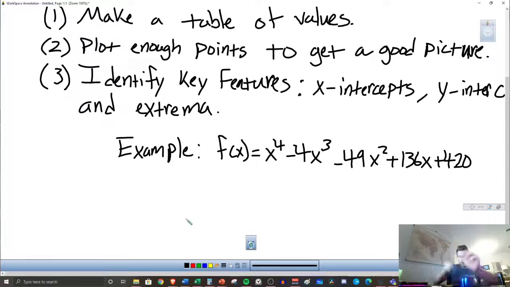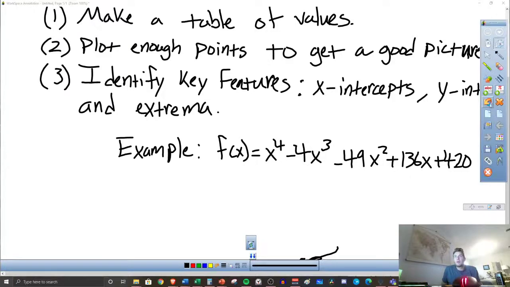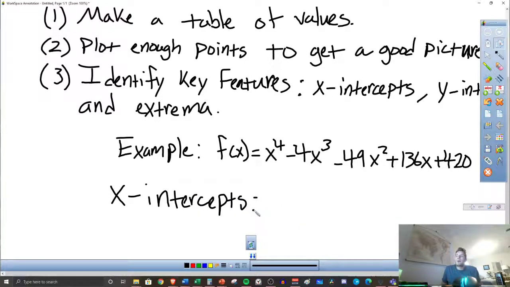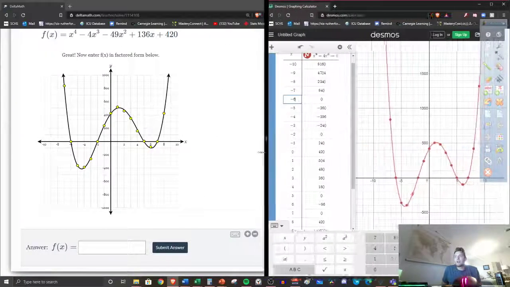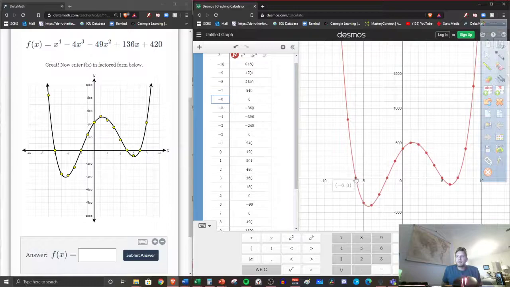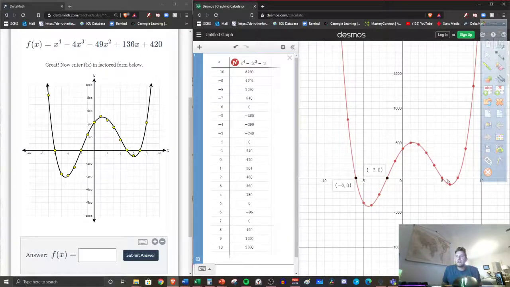First off, what are the x-intercepts? So let me pull up our graph. So let's write that out, x-intercepts. And your definition for x-intercepts is where the graph crosses the x-axis. So let's pull up Desmos and we're going to look at that. Desmos is right here. All right, x-intercepts. So there's one here, there's one here, here, and here.